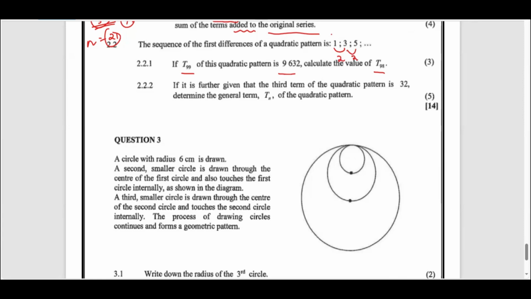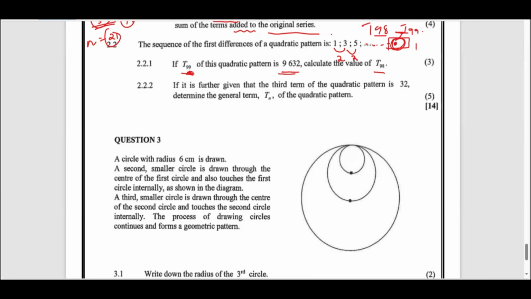Now they're telling us that the 99th term is 9632. What about the 98th term? So if I follow the first differences, the first difference between T98 and T99 is going to be the 98th term of the first differences, okay?